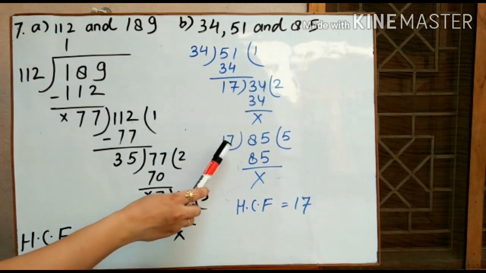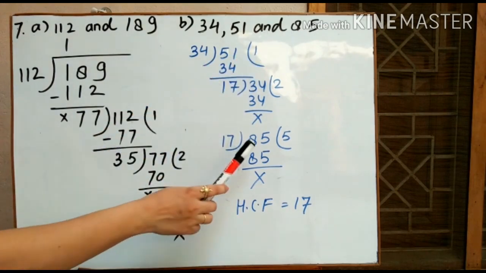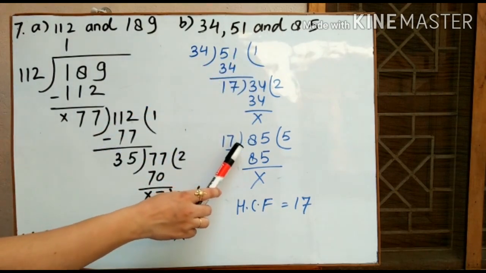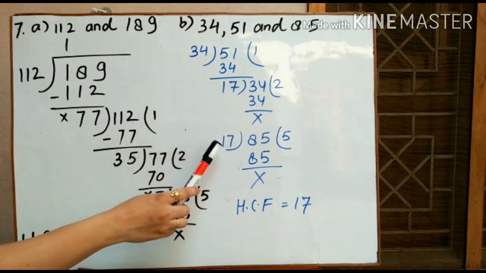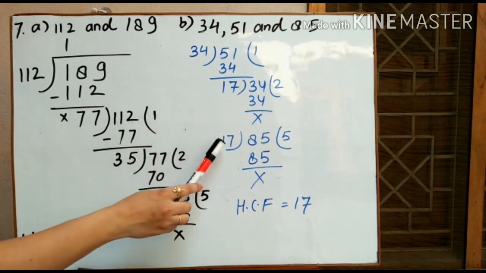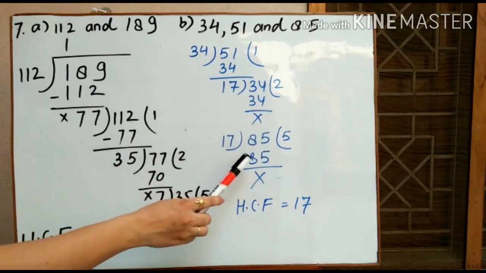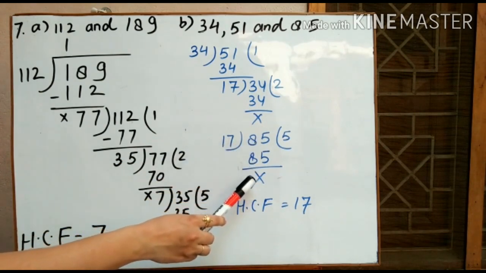Now we will take next number, that is 85. 85 will be dividend and 17 will be divisor because it is the last divisor. 17 5 ja 85. 17 divide 85 completely.